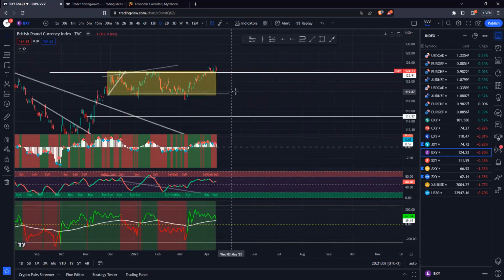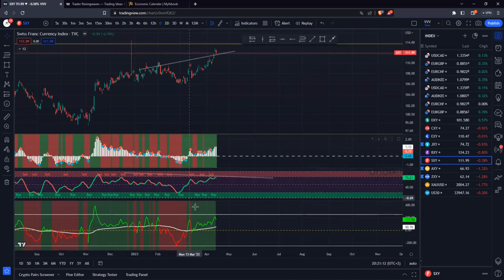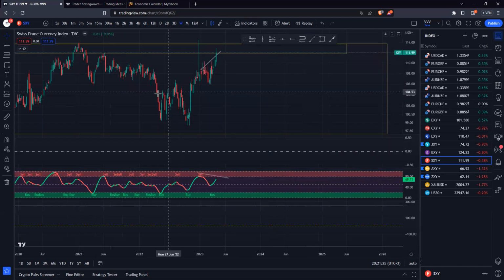All right. Then the SXY. The SXY on daily basis, not much to see actually. Waiting for the momentum switch is not the right timing to trade on, in my opinion.